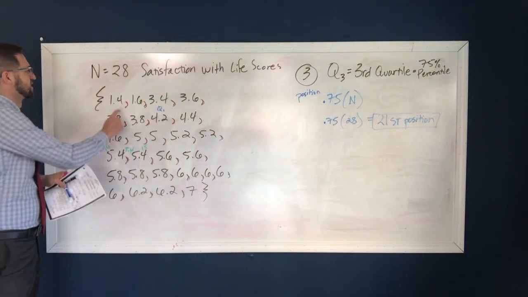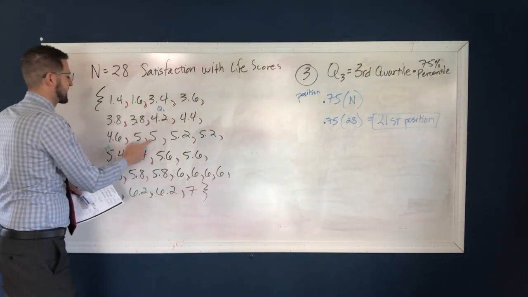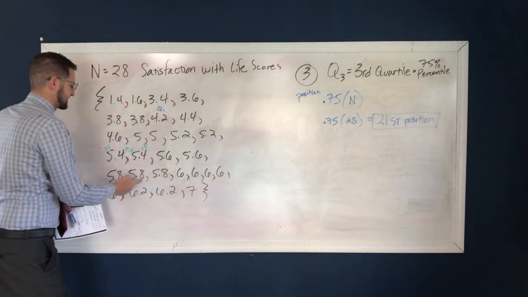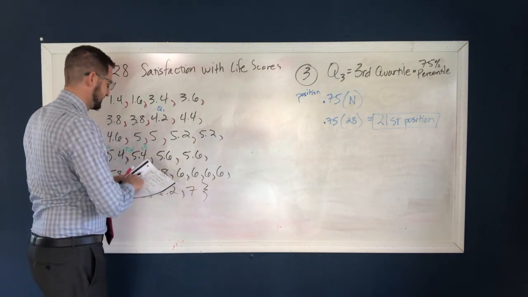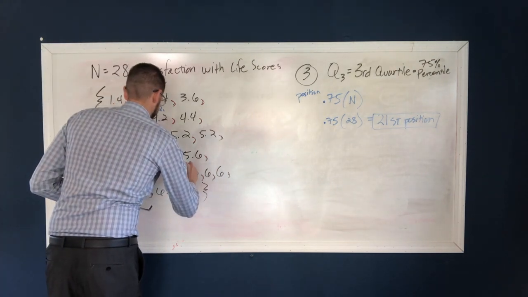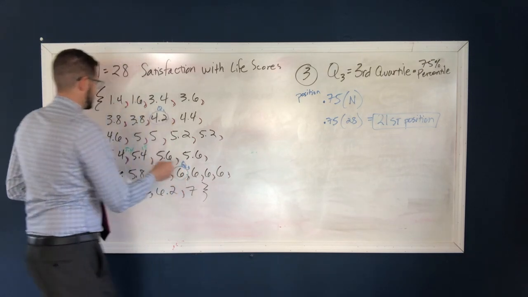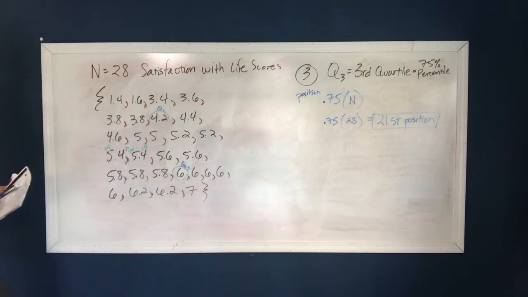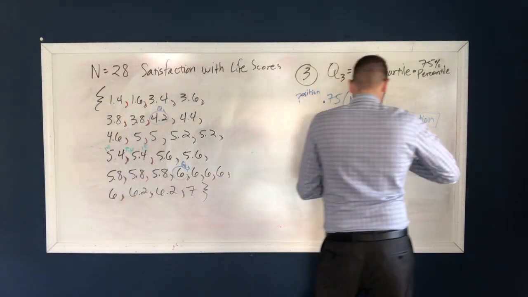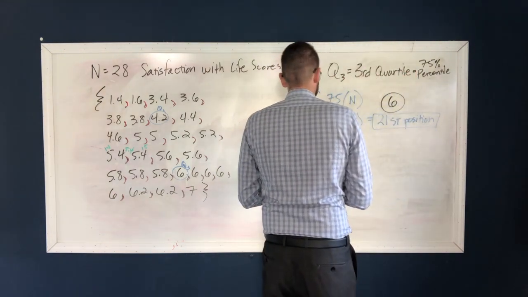Okay, so let's count. 1, 2, 3, 4, 5, 6, 7, 8, 9, 10, 11, 12, 13, 14, 15, 16, 17, 18, 19, 20, 21. So the Q3 is going to be 6. Let me write an interpretation.